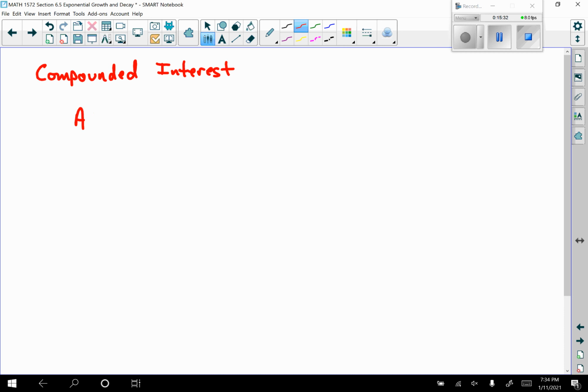We're going to say A of t, so that's our final amount, is going to equal our initial amount times 1 plus r over n raised to the nt. So here, r is the interest rate.